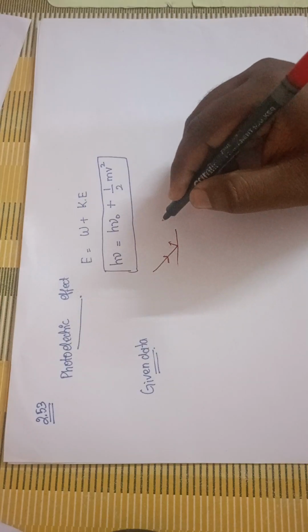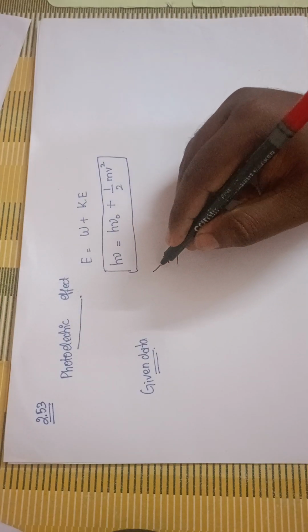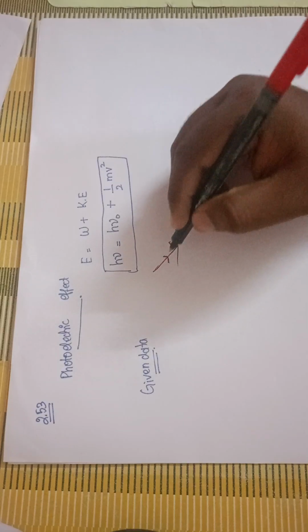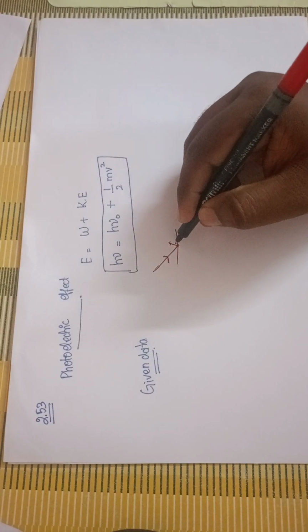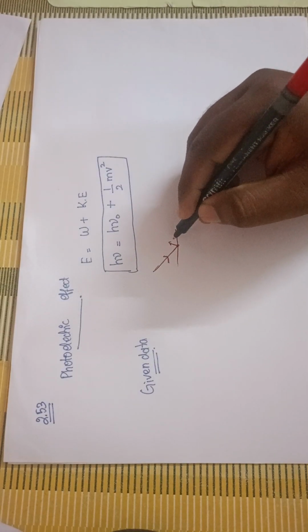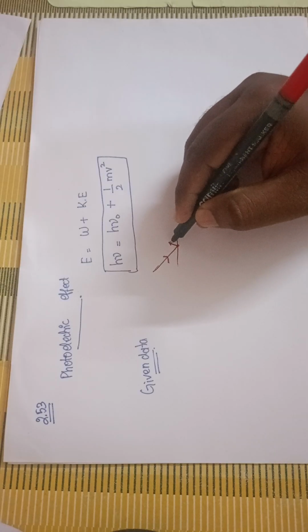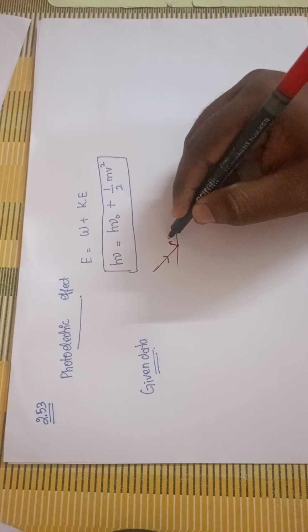Now இங்கே வரக்கூடிய energy is sufficient to remove the electron. ஆனா வெளியில் வந்த electron move ஆகுறதுக்கு ஒரு minimum amount of energy இருக்கணும்.